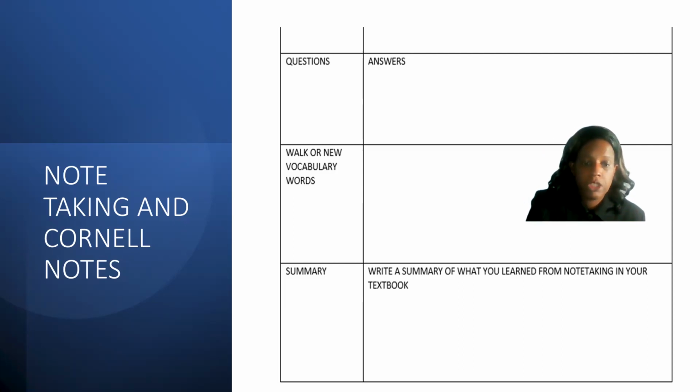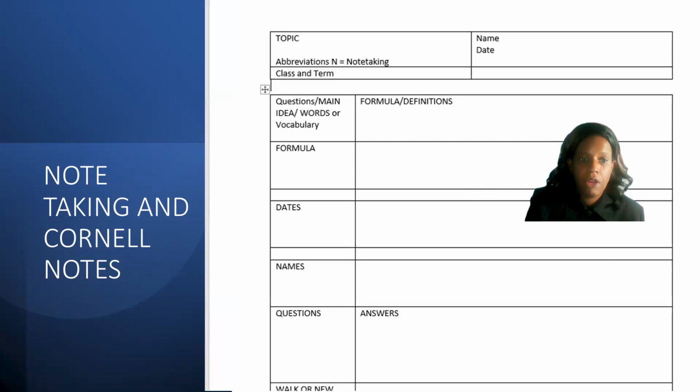So what is important? Formulas are important for math, accounting, and chemistry, because that's what they're trying to teach you: the formula, and how to solve it. They give you a whole bunch of practice exercises for you to go home and practice. Dates are important.